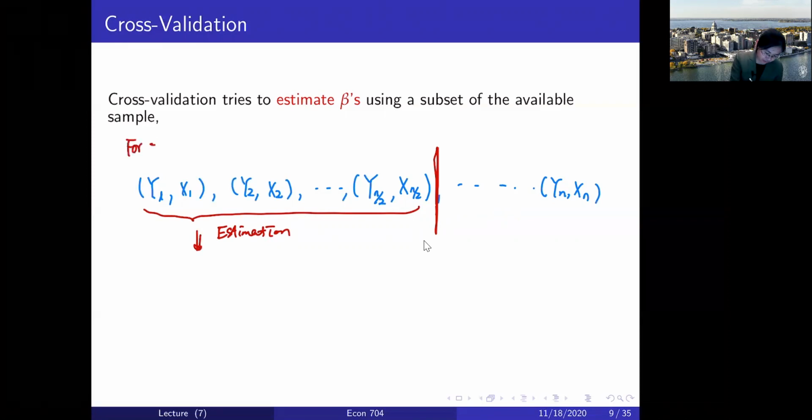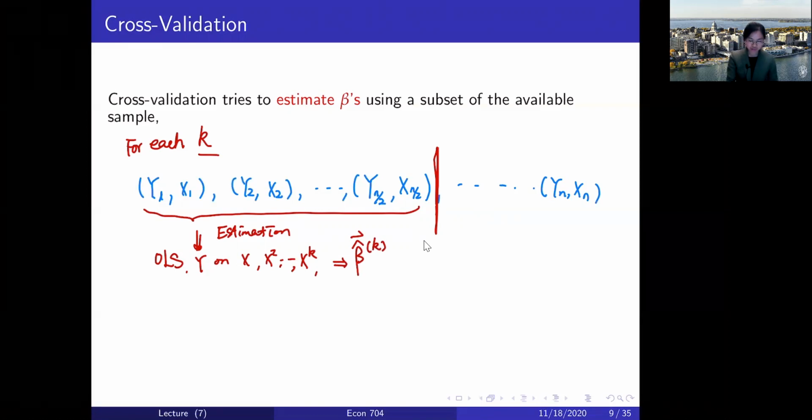So for each k value, run your OLS using k series terms: Y on x, x squared, up to x to the power k, to get your beta hat k.